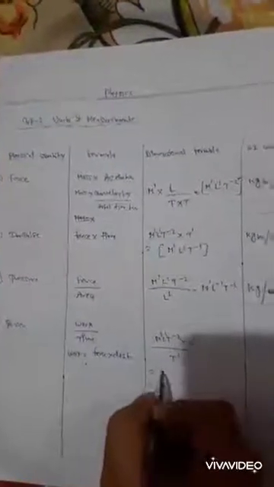So the final dimensional formula of power will be M1 L2 T minus 1.